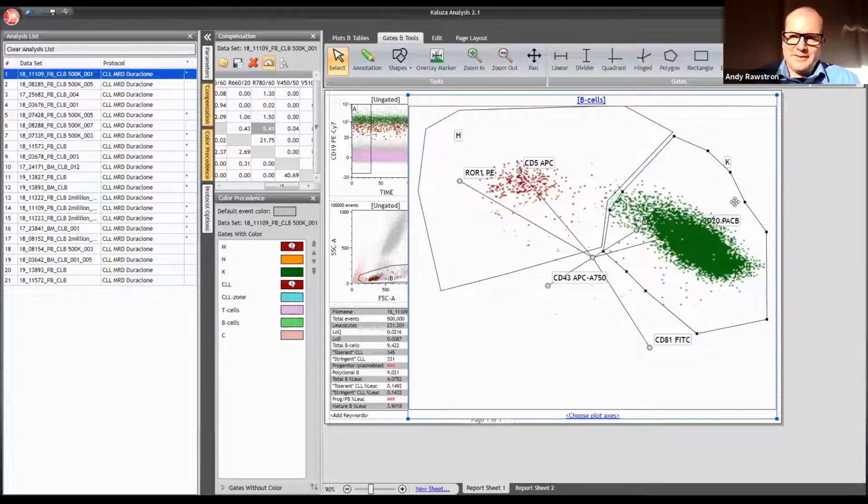CD5 positive with variable ROR1 or CD43 is probably mantle cell lymphoma. And then CD10 positive, CD305 negative is a germinal center B cell disorder. If you had to limit me to a couple of markers, those would be my ones: CD10, CD305, ROR1, CD43, and CD5. Okay. Does that answer the question? I'm not sure if that answered the question or not.